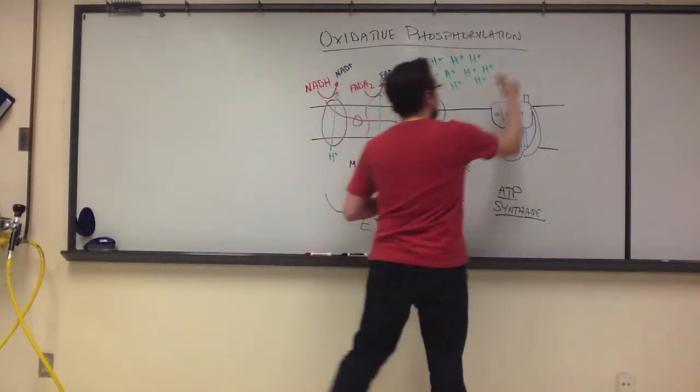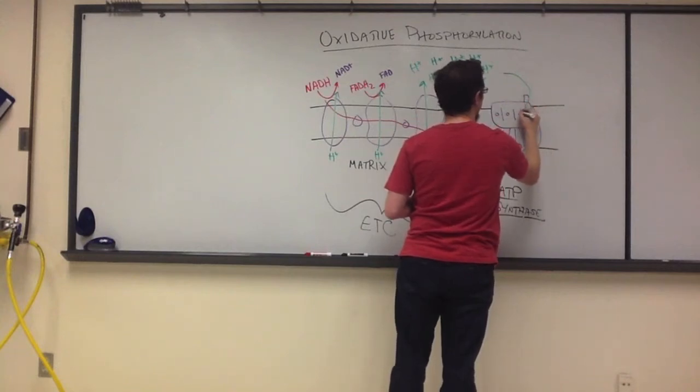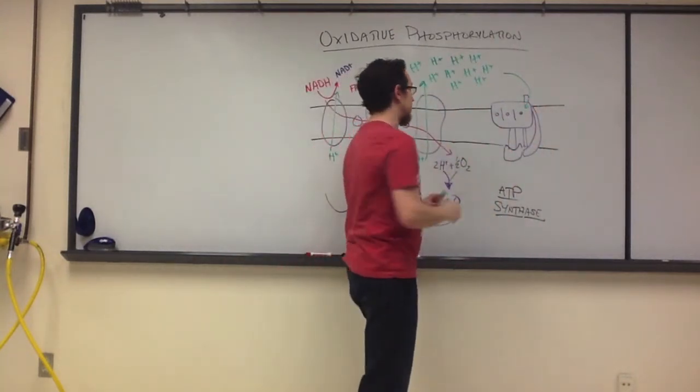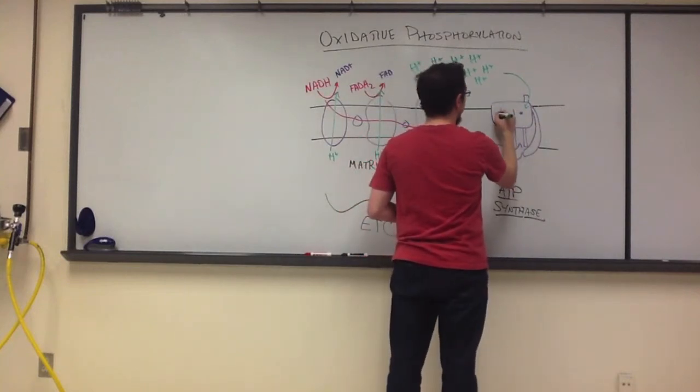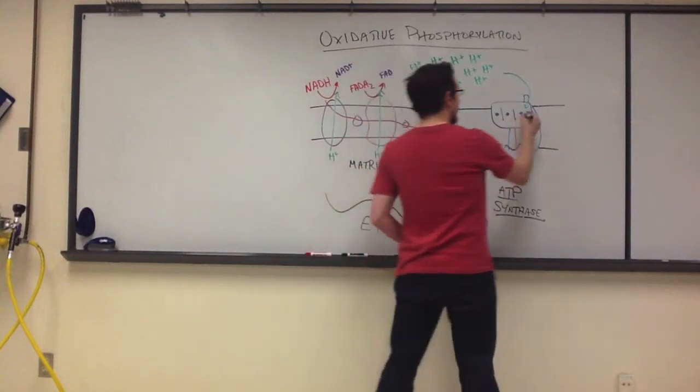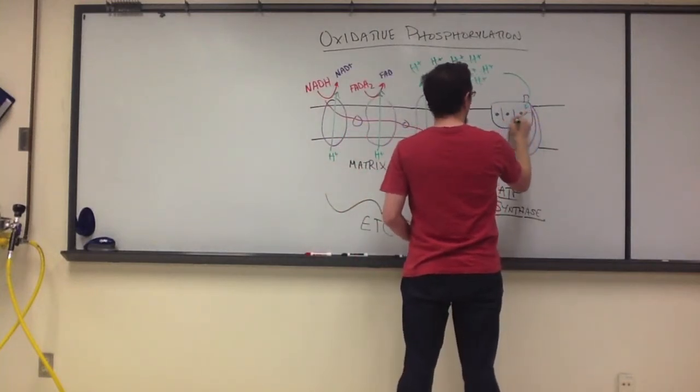The protons move into an empty space in ATP synthase. And they occupy these regions, these cavities in the molecule, and they cause it to turn.